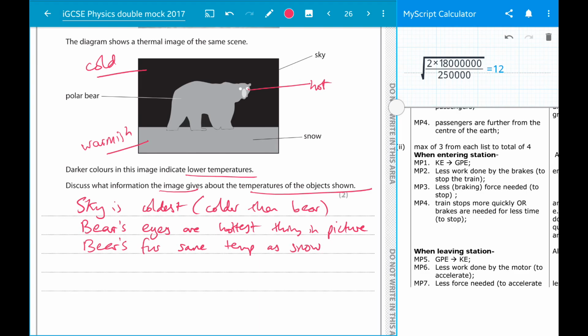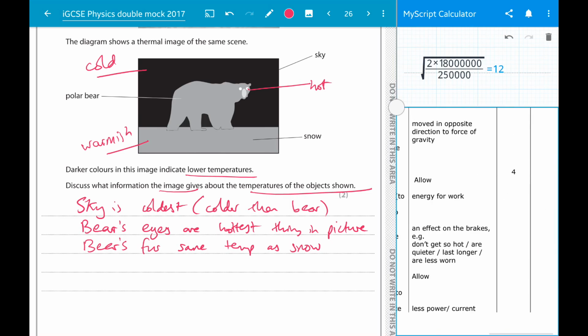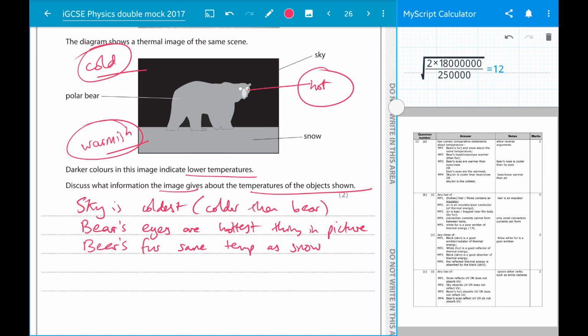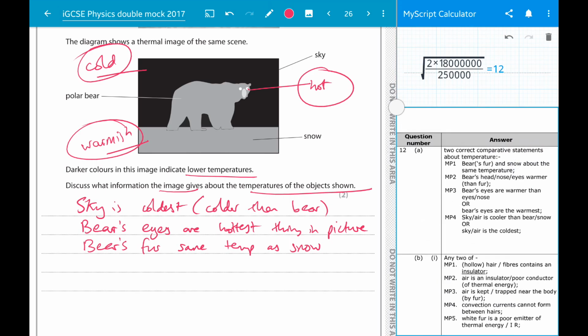The thing that a lot of people messed up on with this question: you can't say if something is hot or cold or warm. That's not really good enough, because if you touch the snow, it's not going to be warm-ish. They're really asking for comparative sentences.